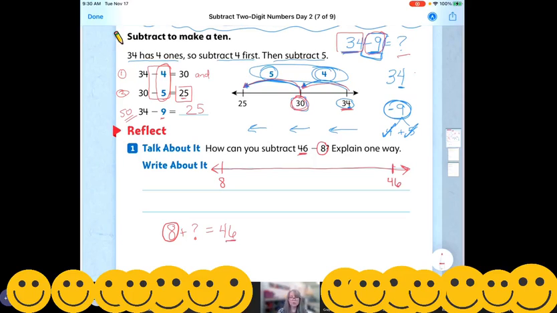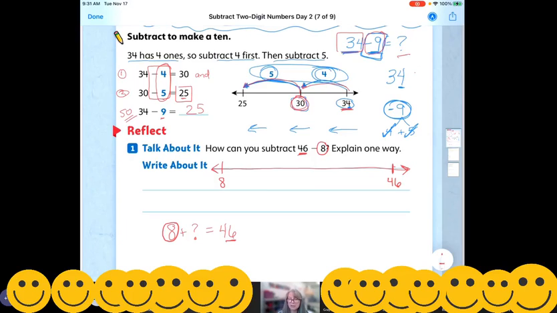Okay, so those are the two numbers that we know for sure from this equation. The question mark is, how are we going to jump? What are we going to do? As in the example at the top of your page, our strategy was to go to the first 10, the very next 10.